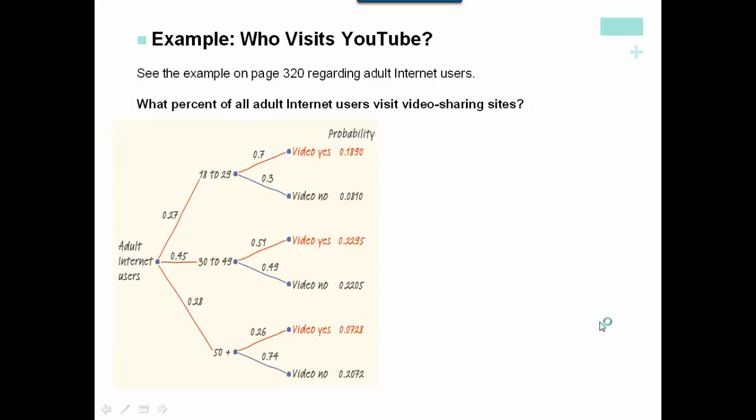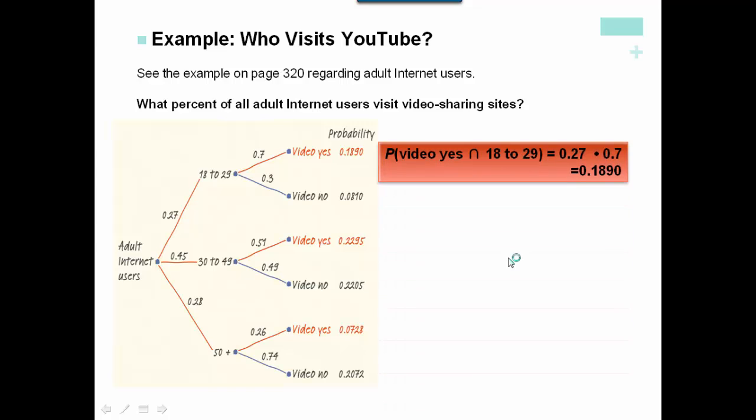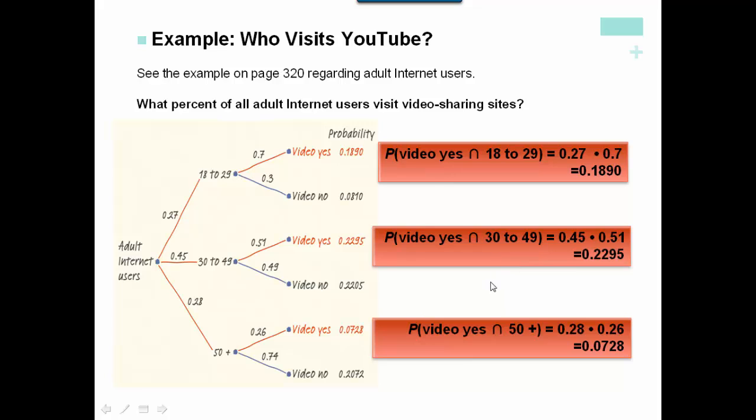What percent of all adult internet users visit video sharing sites? Here's a tree diagram and here are some results. For the probability of video yes and the age group, we multiply those numbers together. So 0.27 times 0.7, that's this tier right here.